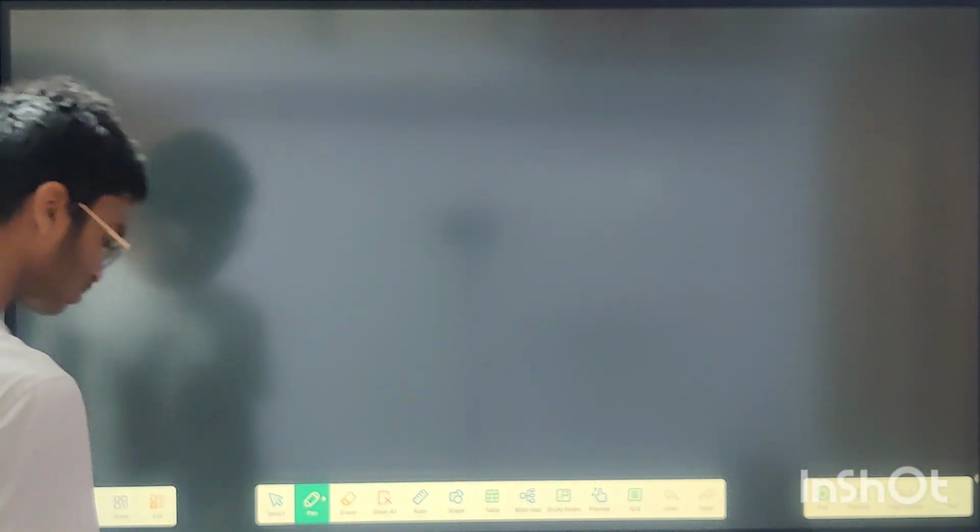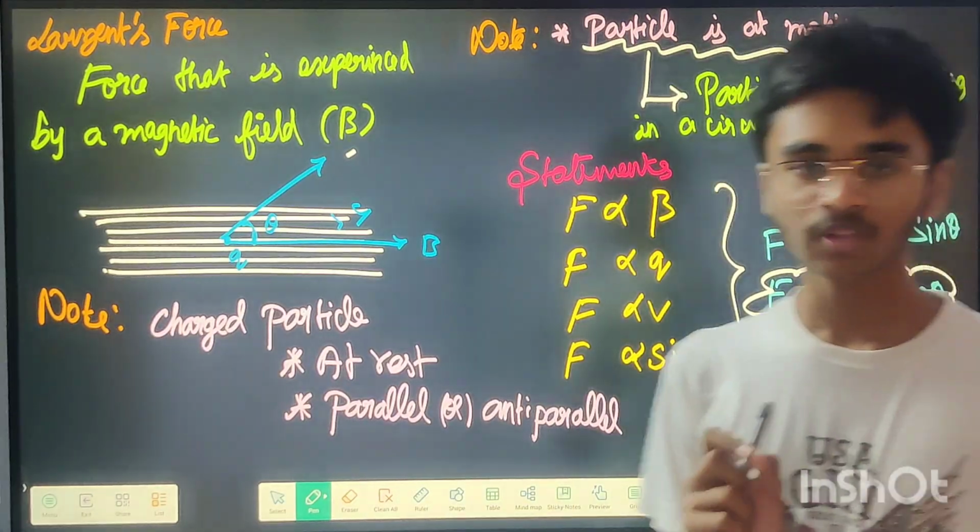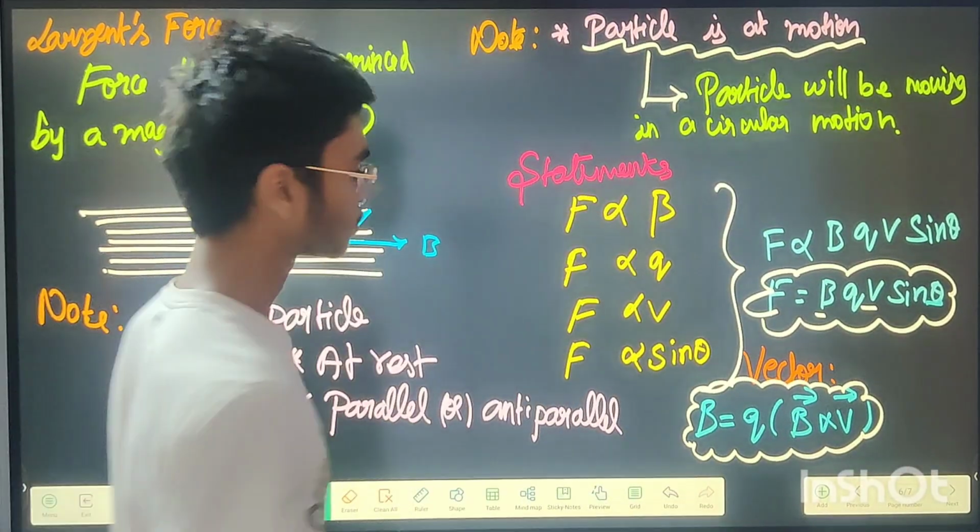Now what we are going to do is, we are going to see in presence of electric field. The formula BQV sin theta is applicable only when electric field is not there.